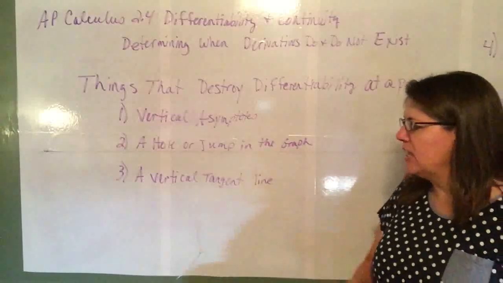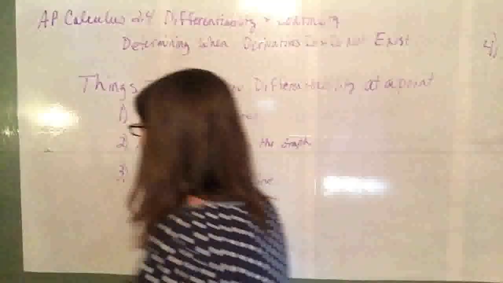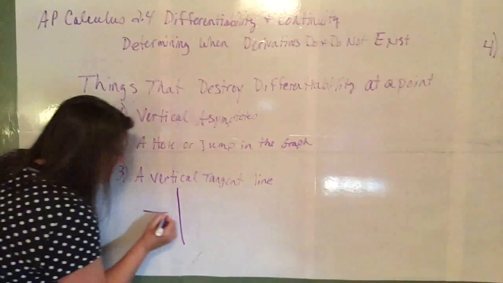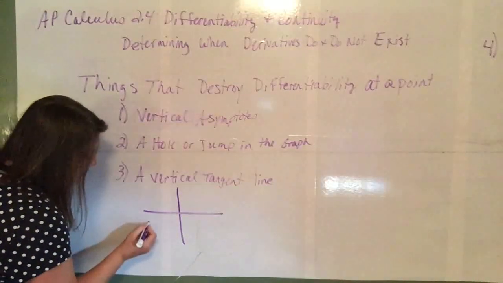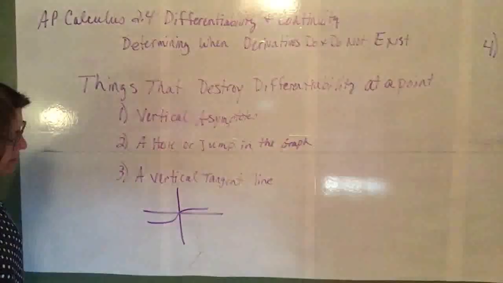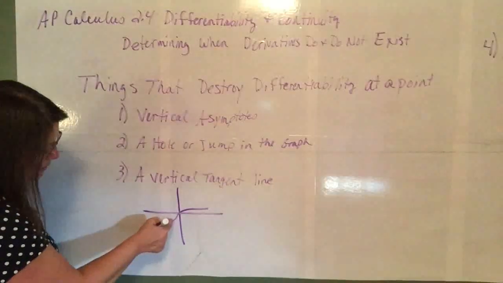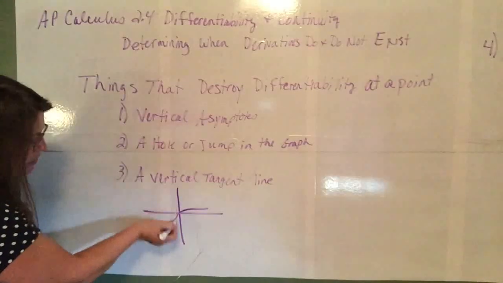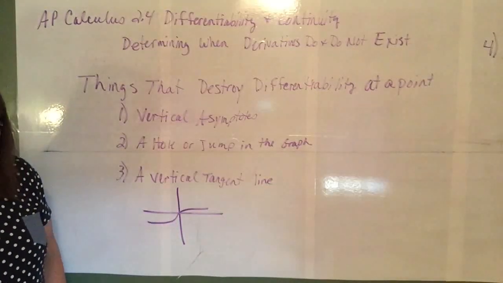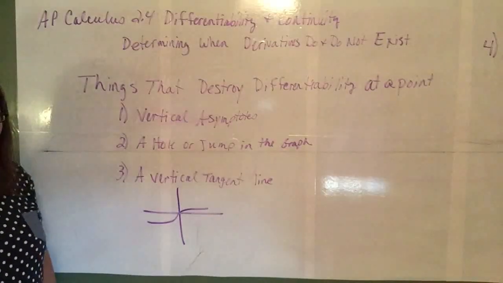A vertical tangent line though is a function that when it's graphed looks like this. And you can see at this point right here, there's going to be a vertical tangent line that destroys differentiability, okay?